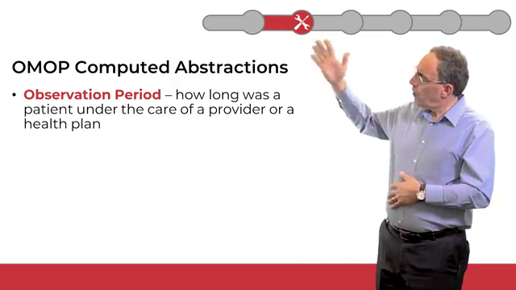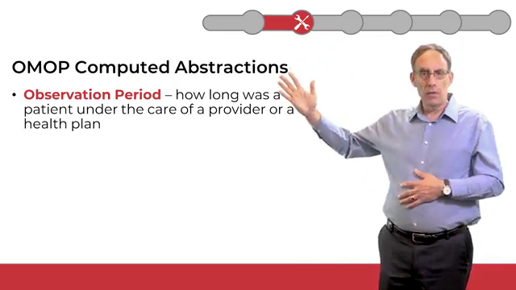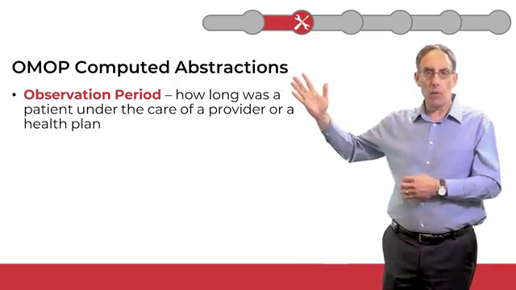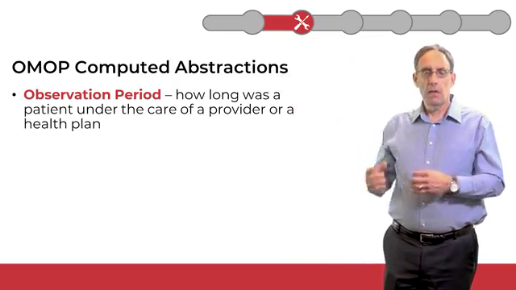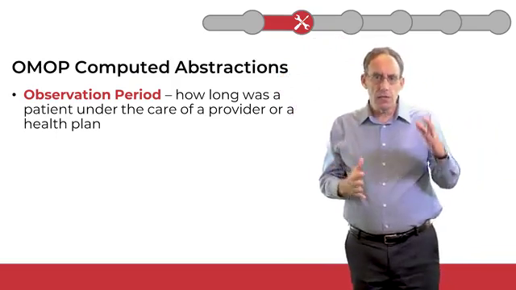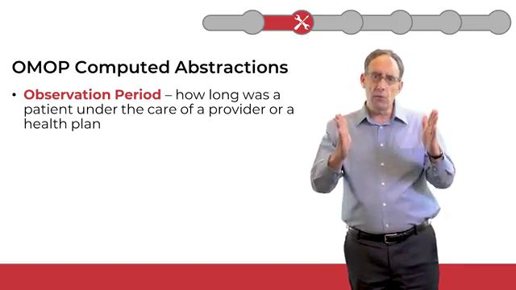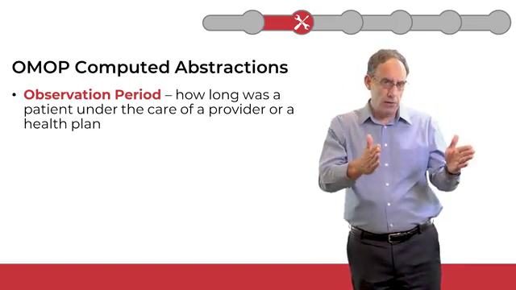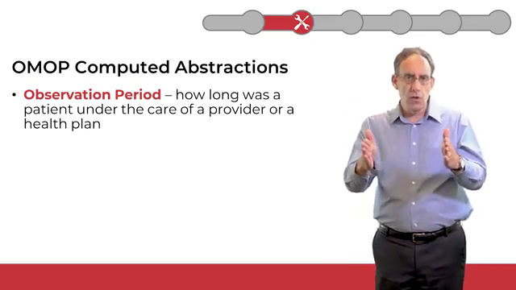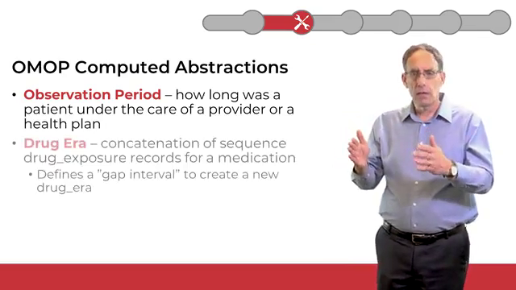There are 4 main computed abstractions that are part of the OMOP data model. The observation period is the start and end date used to determine when the patient was under the care of a provider or an institution or a health plan.